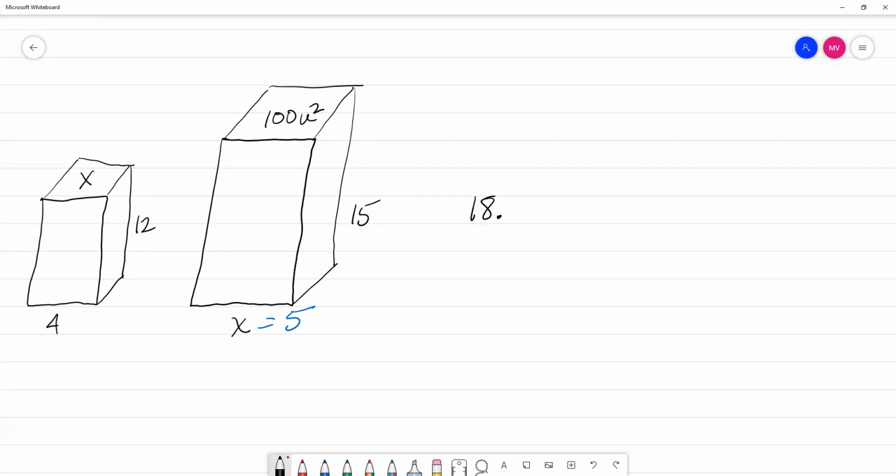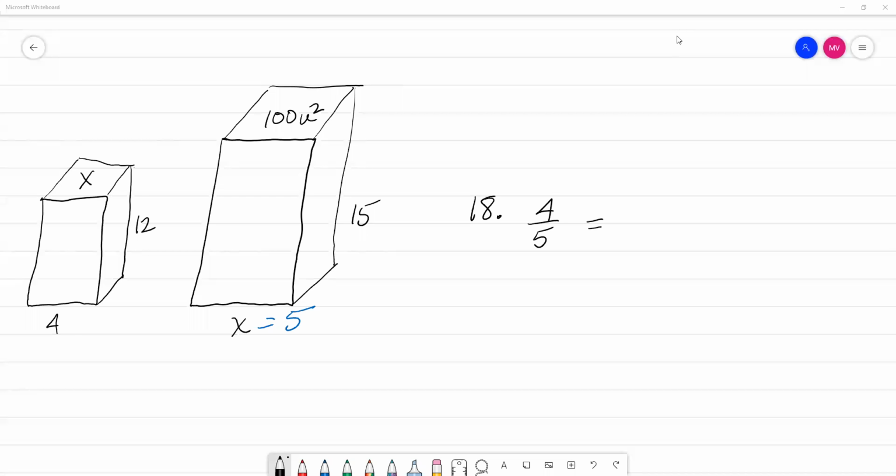So somebody give me a part of our smaller figure and our larger figure that are proportional. Anybody? 4 and 5. You want to do 4 and 5? Okay, so we'll do 4 over 5. And so we can use sides to calculate the proportion of the area, but we have to make some adjustments.